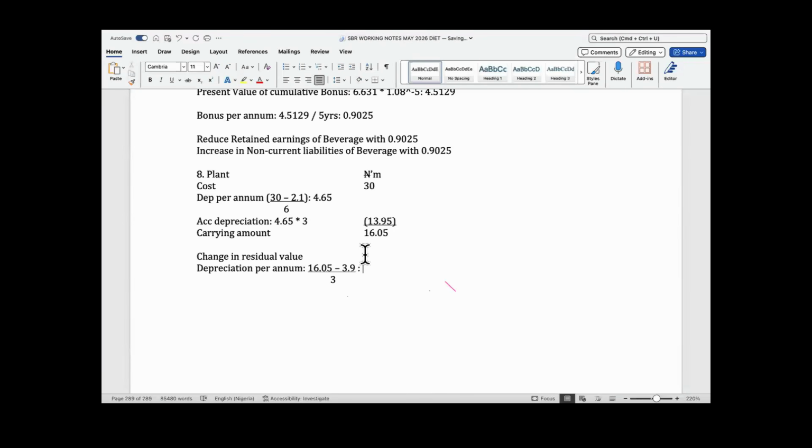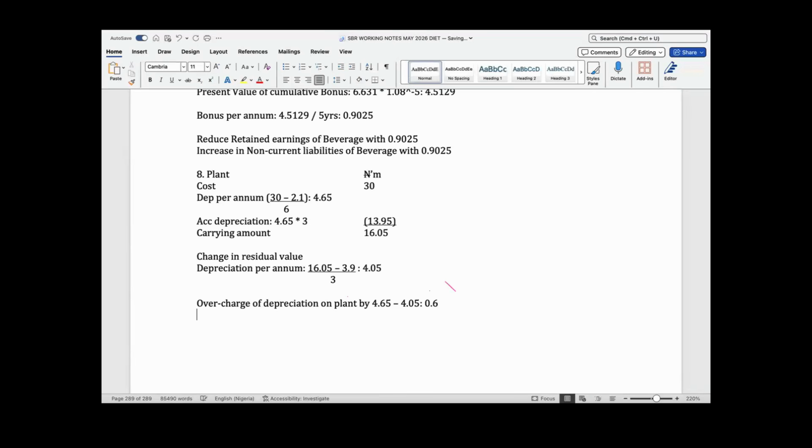That's 4.05. Since they did not consider the change, they had already accounted for 4.65. So they have overcharged depreciation on plants by 4.65 minus 4.05. How much is that? 0.6.